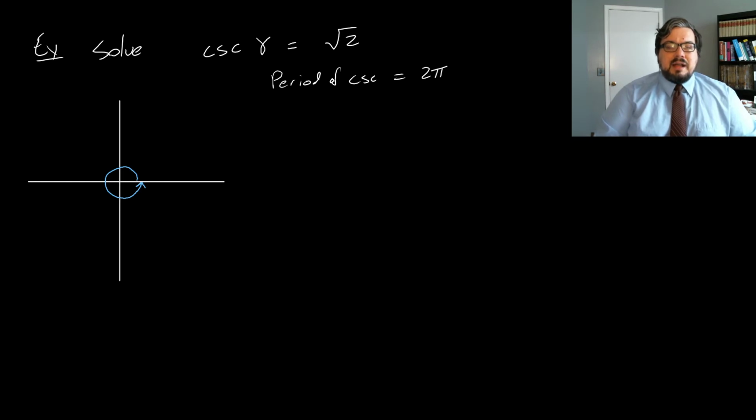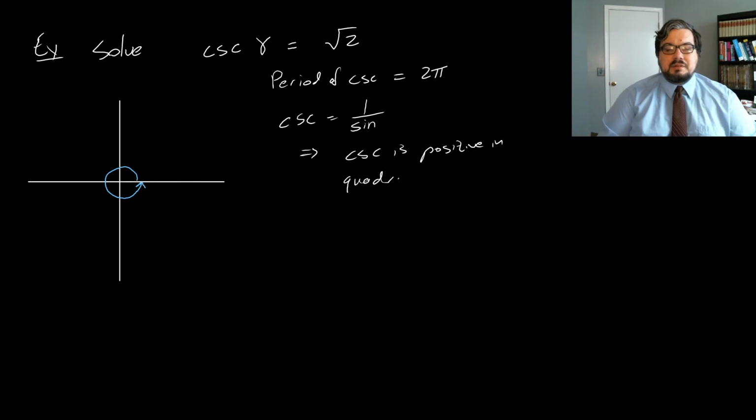Now, to actually find this, we'll want to try to sketch out a couple of triangles on our set of axes that have cosecants of square root of 2. Now, remember that cosecant is 1 over sine, which means that cosecant is positive in quadrants 1 and 2, just like sine.